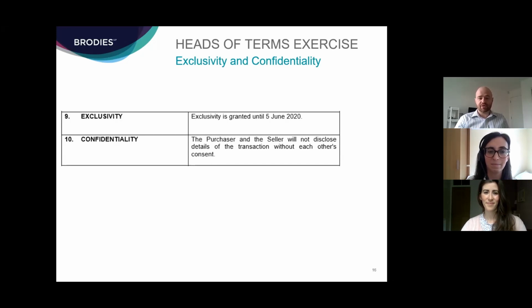They'd gone and spoken to another party. It came in front of the judge. There were various legal arguments either way, which I won't bore you with, but the judge basically came back to the fact that the exclusivity was in a document which said this whole document is not legally binding, so therefore the obligation is not legally binding, and the seller was not in breach of the exclusivity by talking to another party.